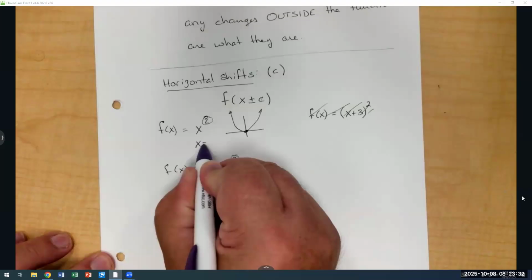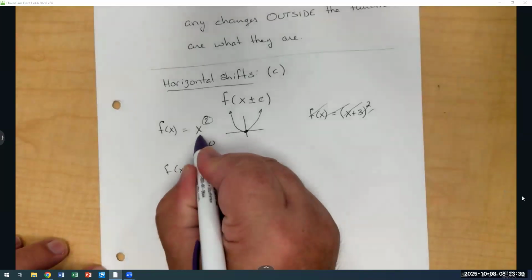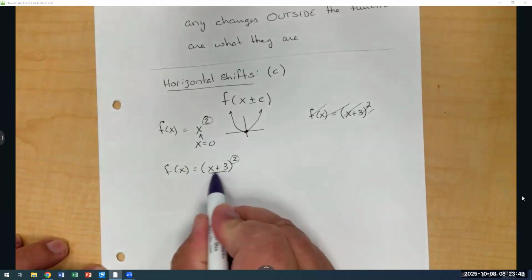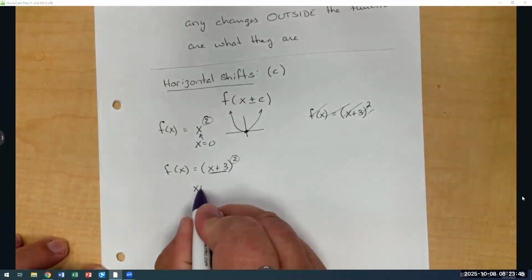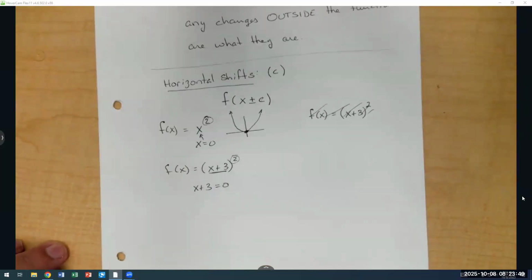When x is 0, we have this point here. So if we set this bottom part equal to 0 here, under the square, we take what's inside there, set it equal to 0. What is my new x value? Solve for x.